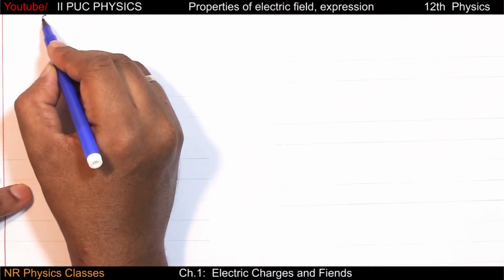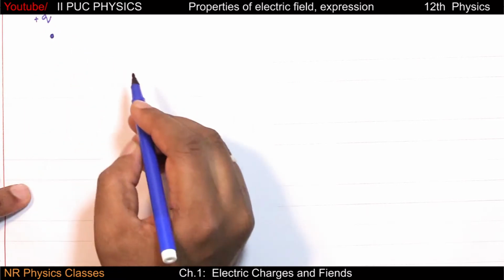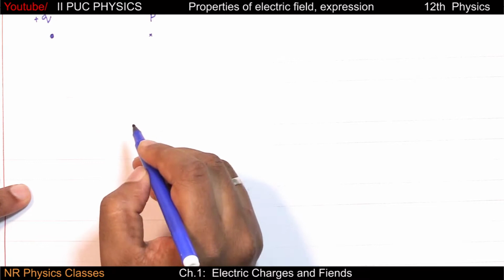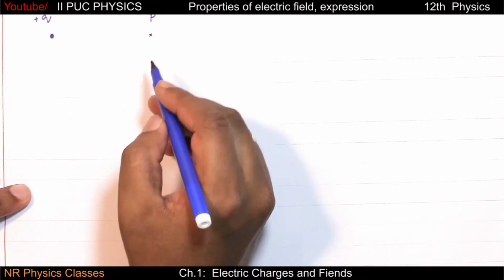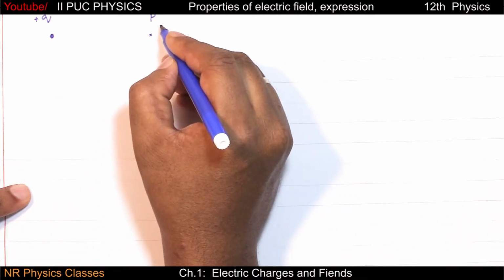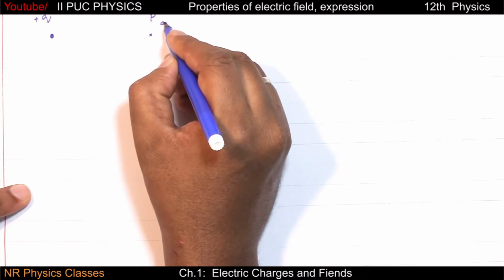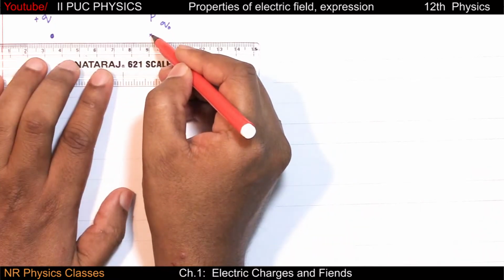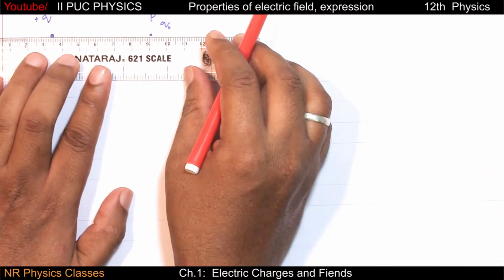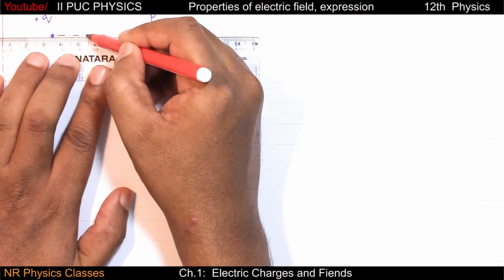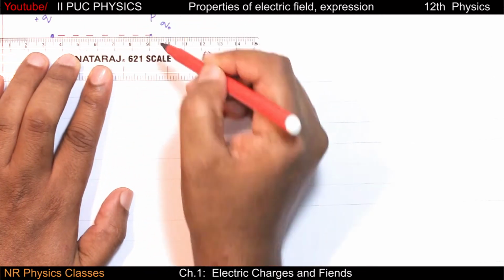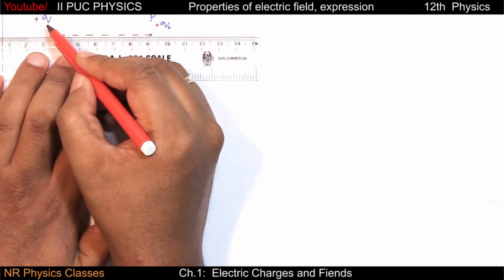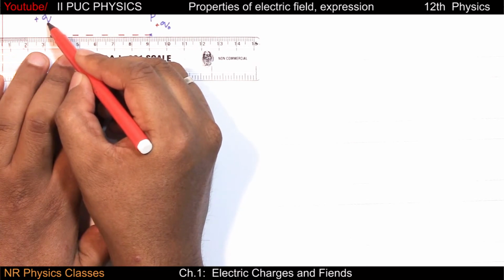Let this be plus Q. This is point P. And at point P, we should keep Q0. Charge Q0. This is the test charge. Distance of P from Q is R. This is a positive test charge. This is the given charge, which is also plus.